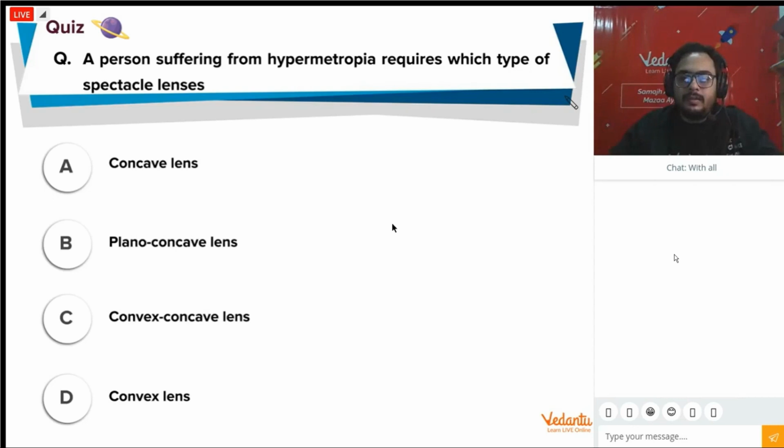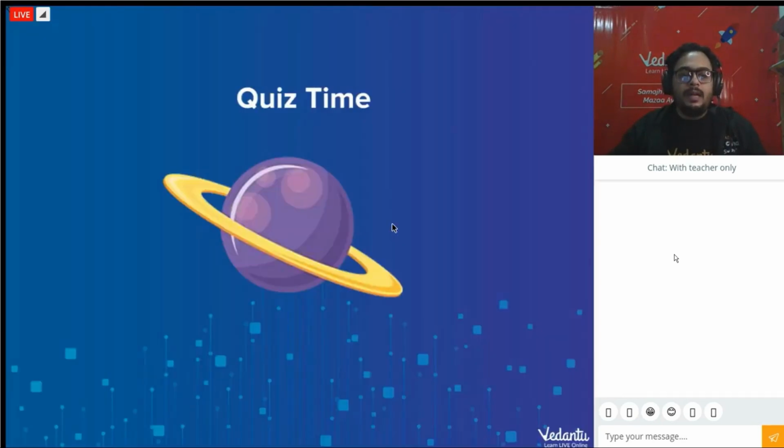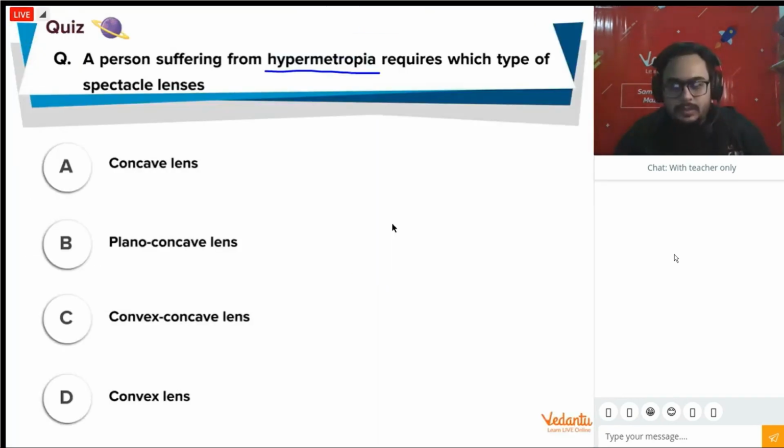So a person is suffering from hypermetropia. Hypermetropia requires which type of spectacle lenses? Think about it, everyone. For hypermetropia, which type of lens do we use? Long-sightedness.